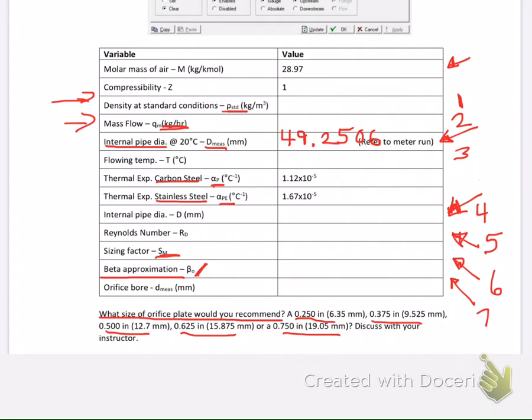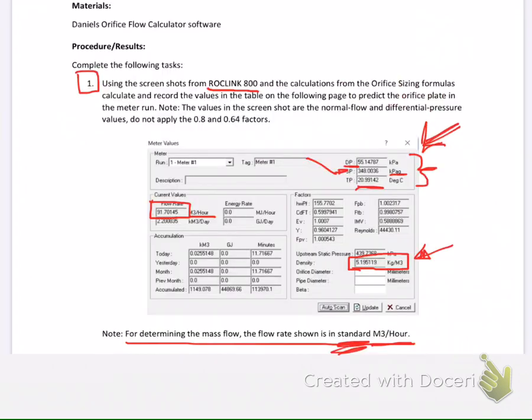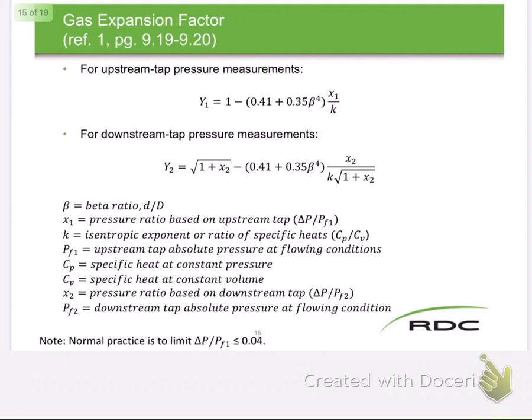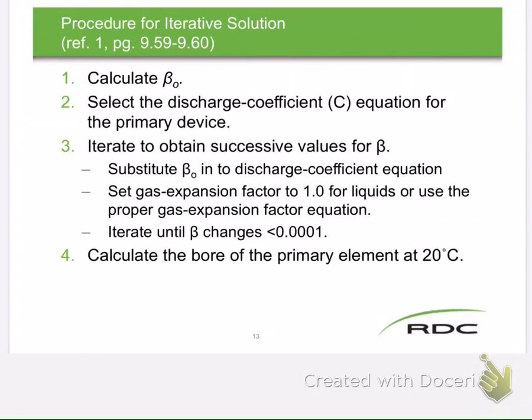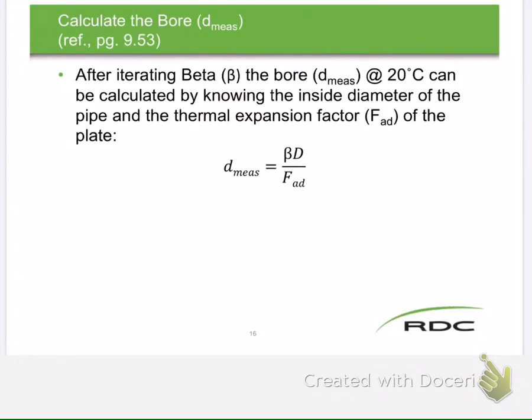What we're going to be doing here is applying this beta approximation to calculate our orifice bore that's in the line there. So if I go back to that slide, right here. This here is where we calculate the bore of the orifice plate.